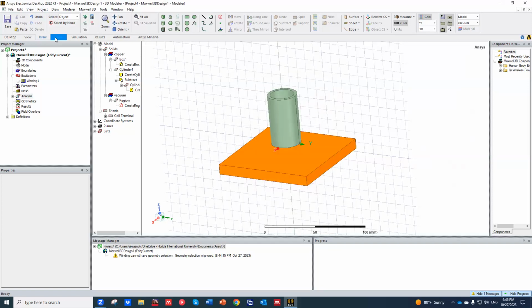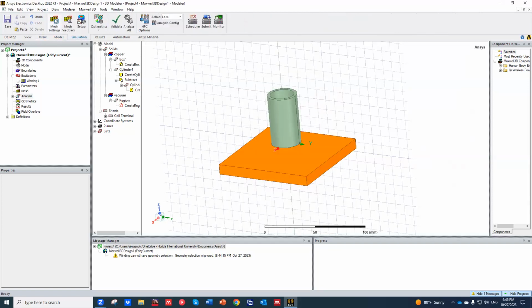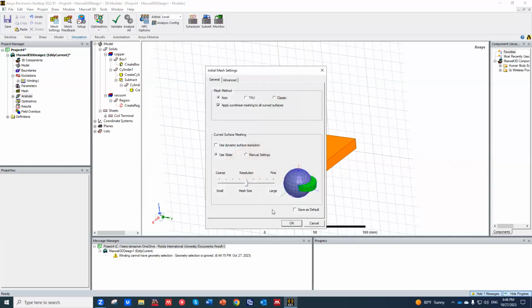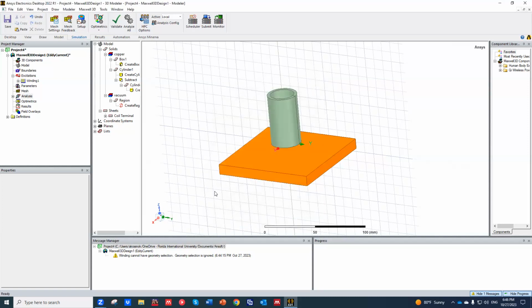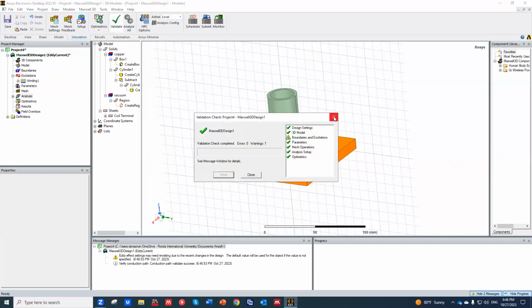Okay. I can also change the mesh, but let's keep the default setting. And yes, I validate the simulation. We have no boundaries here, but that's fine.